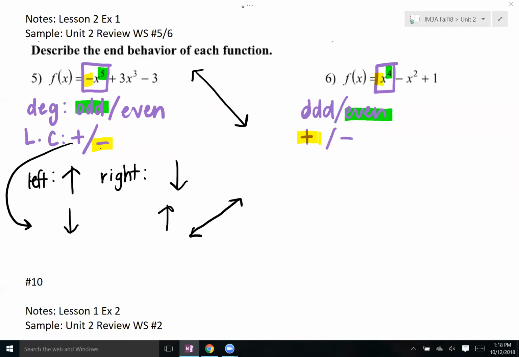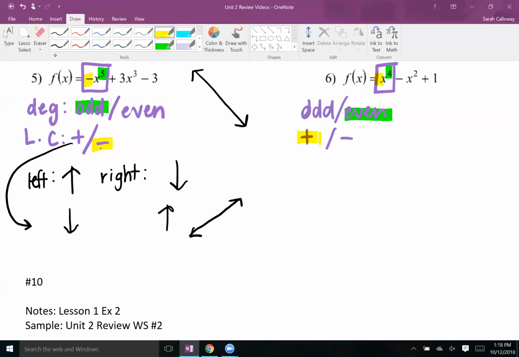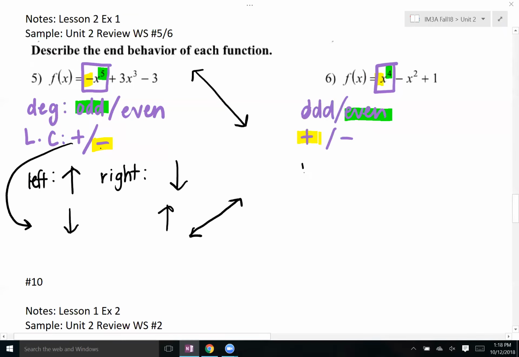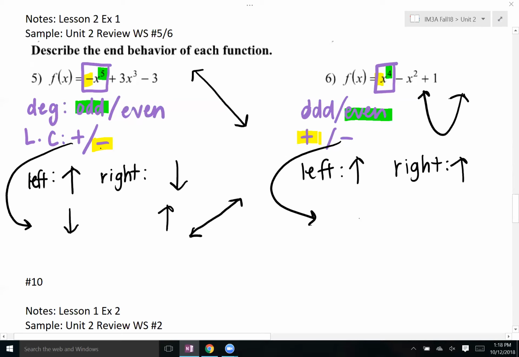And so what happens with even and positive is that on the left and right, they're actually both doing the same thing. And so if you think about like a parabola, that would mean that the parabola was positive. And so it's going up on the left and up on the right. If you had a negative one, it would change so that it went down on both sides.